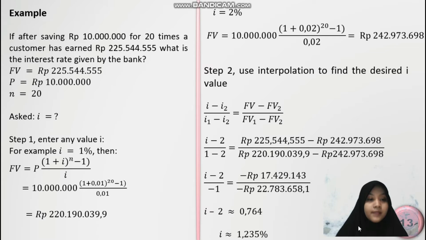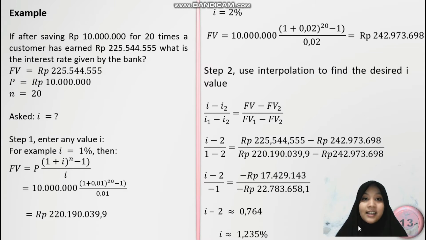Future value equals P times 1 plus i to the power of n minus 1, divided by i, equals 10 million rupiah times 1 plus 0.01 to the power of 20 minus 1, divided by 0.01, and we get the answer for future value 1 is 220,190,039.9.